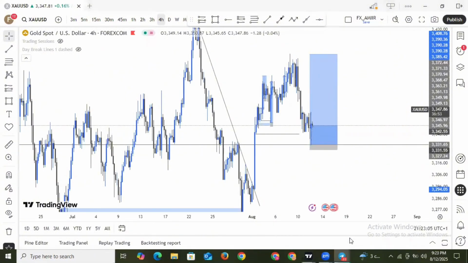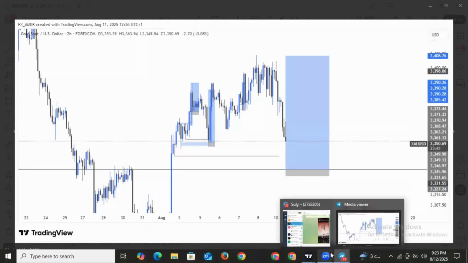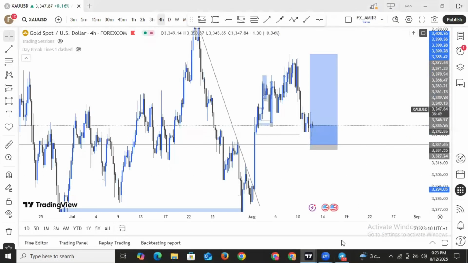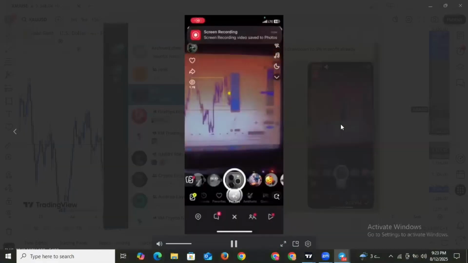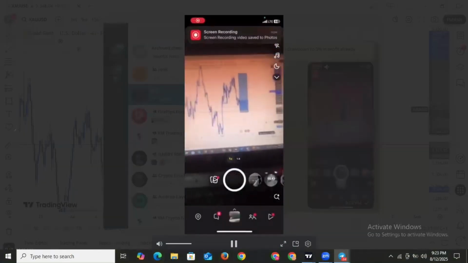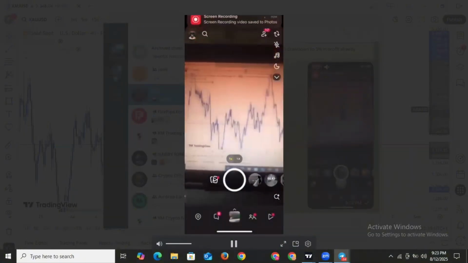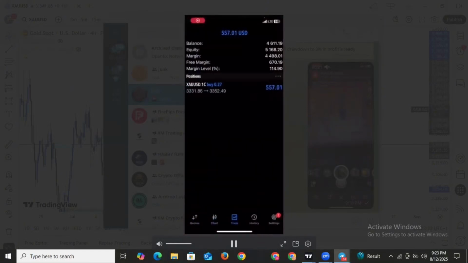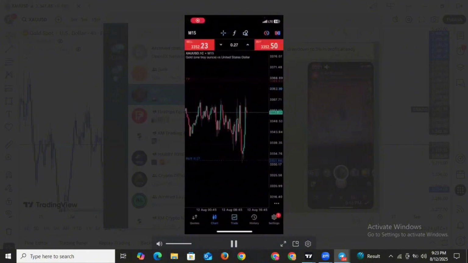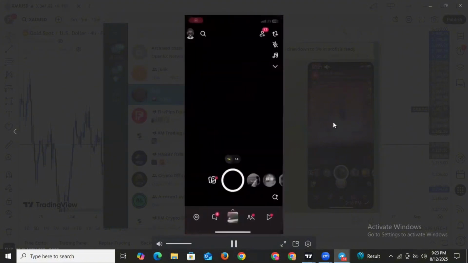And this is me taking the trade, and see it for your eyes, from 8% drawdown to 3% in profit. And probably I will pass the account by tomorrow. So that's it.